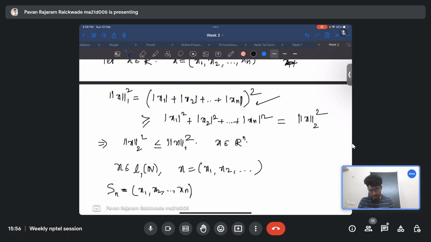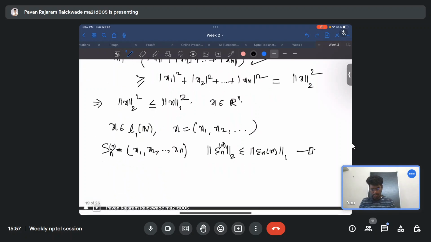Now this inequality, norm Sn x, notations we can adjust somehow, you have to first understand the main concept here. So we know the 2 norm of Snx is less than or equal to the 1 norm of Snx, right? This is happening for all n. So you take the limit as n goes to infinity, this Sn x becomes your x, and since it is already in L1, the sum is also finite. The sequence of partial sums converges somewhere, hence the inequality will also be preserved. Okay, so you can try this. This is not a hard part.